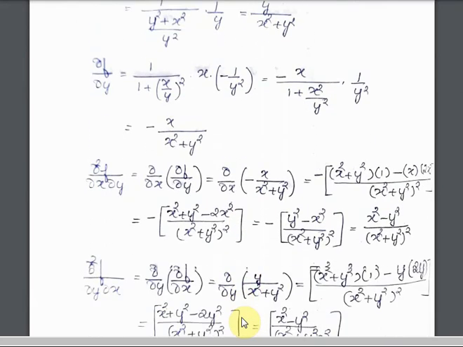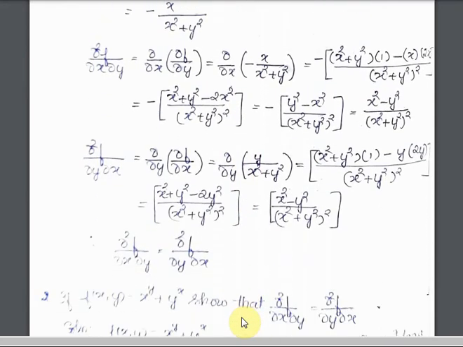We are using the u by v rule now. Minus is kept outside. Denominator into differentiation of the numerator with respect to x, which becomes 1, minus the numerator into differentiation of the denominator with respect to x. x square becomes 2x and y square is treated as constant, so it is 0, divided by denominator square.